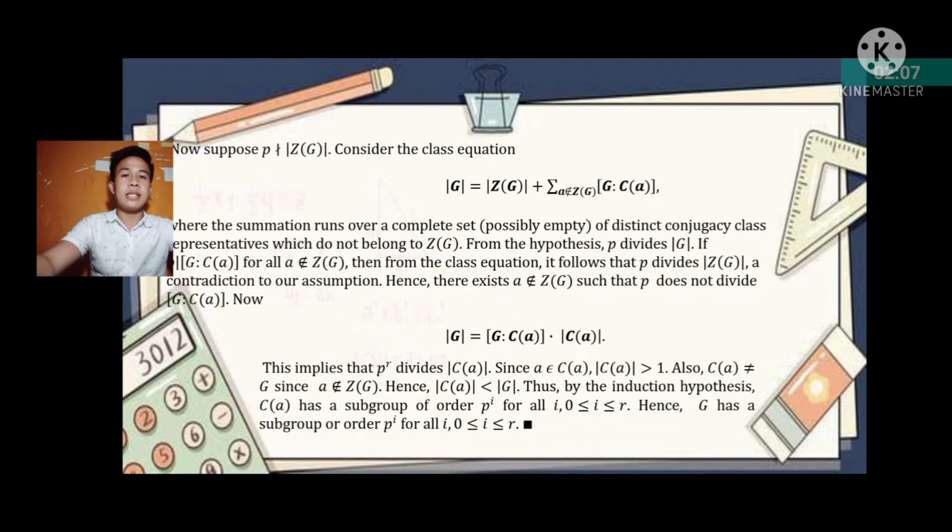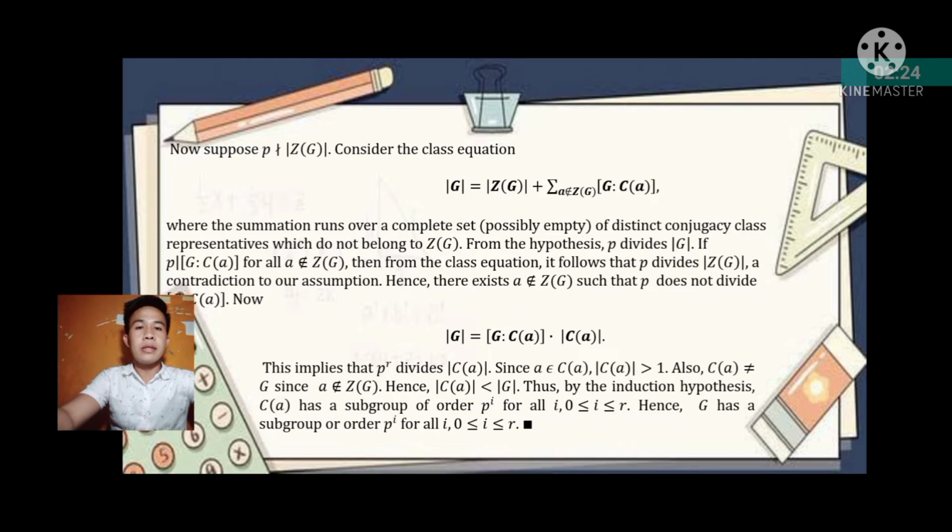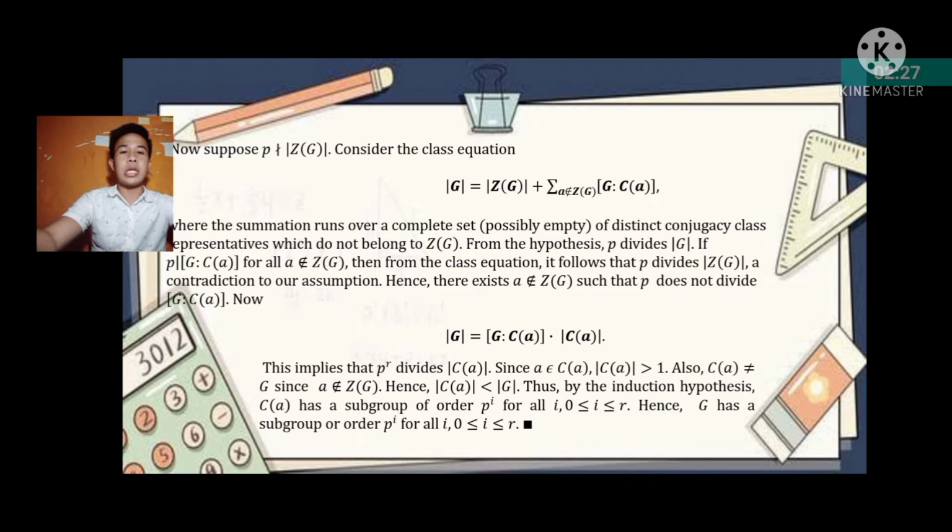It can be read as a summation that runs over a complete set, possibly empty, of distinct conjugacy class representatives which do not belong to the center of the group G. From the hypothesis, p divides the order of the group G. If p divides the index of the centralizer of a in G for all a not belonging to the center of the group G, then from the class equation it follows that p divides the order of the center of the group G, a contradiction to our assumption.